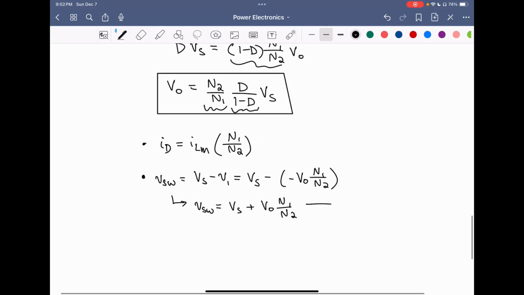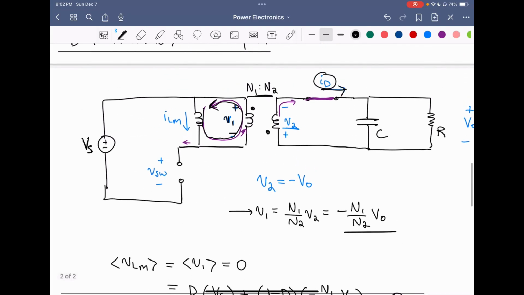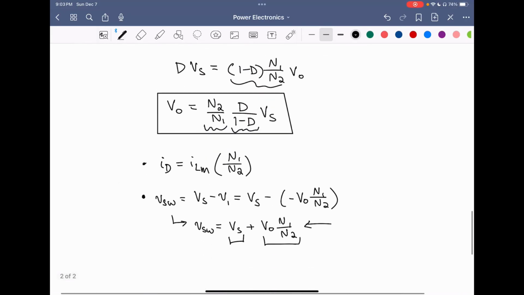And this is an important result because it tells us the stress that's on our switch. When the switch is off, it's basically blocking this much voltage: the input source plus the output voltage times the turns ratio. This voltage that the switch is blocking is quite high. It's greater than the input source voltage.